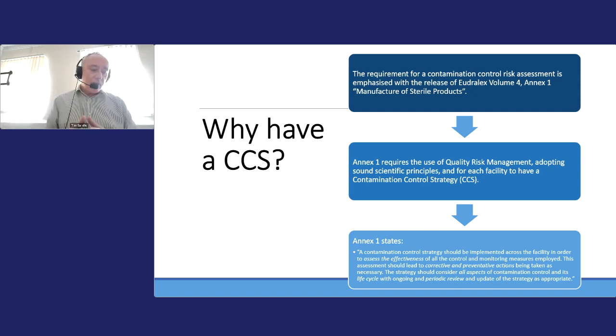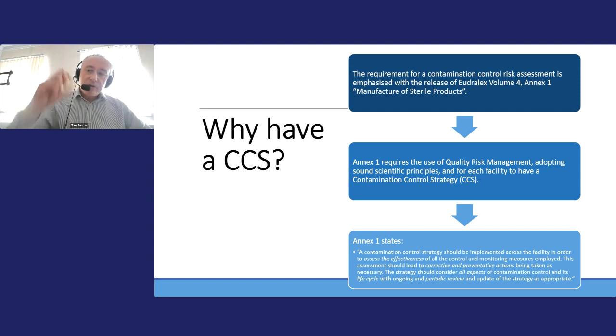The contamination control strategy is in place to help us define and determine the critical control points within our manufacturing processes, and also to help define, develop and understand the effectiveness of our controls.